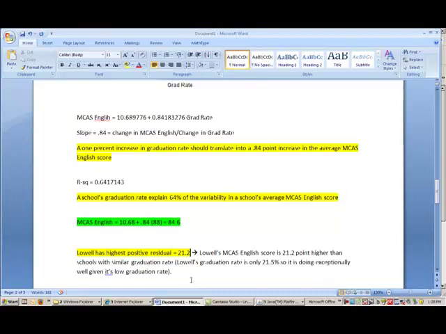Interpreting that, Lowell's MCAS English score is 21.2 points higher than schools with similar graduation rates. In fact, Lowell's graduation rate is only 21.5%, so it is doing exceptionally well given its low graduation rate.